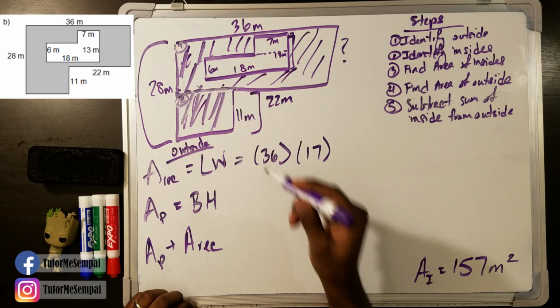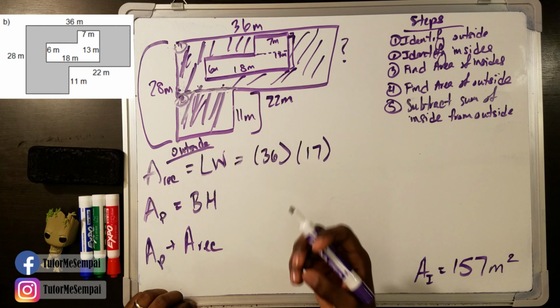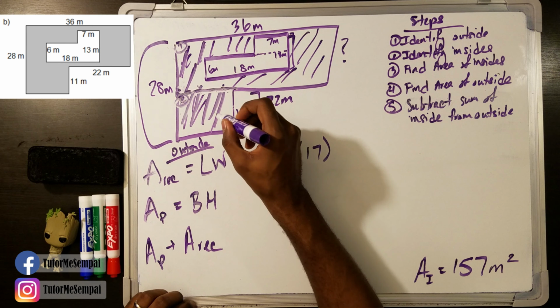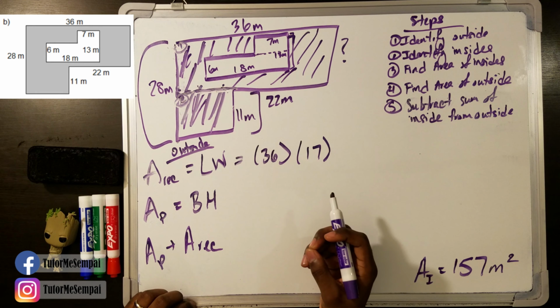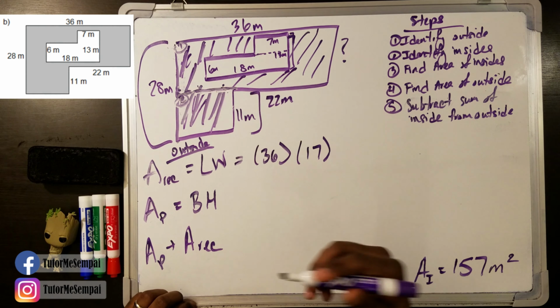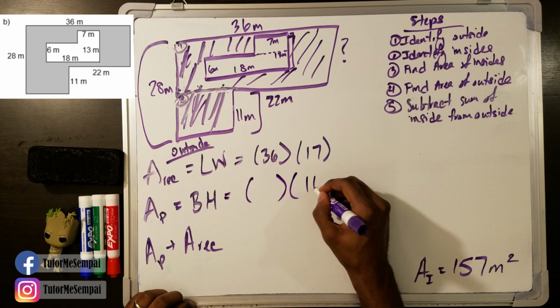So what about our area of our parallelogram? Once again, we don't know if this is an area of our square, because this doesn't mean that this is going to be, so we're going to treat it like an area of a parallelogram. So we know that this side, this height is 11. So we got to figure out what our base is, but we know our height is 11.